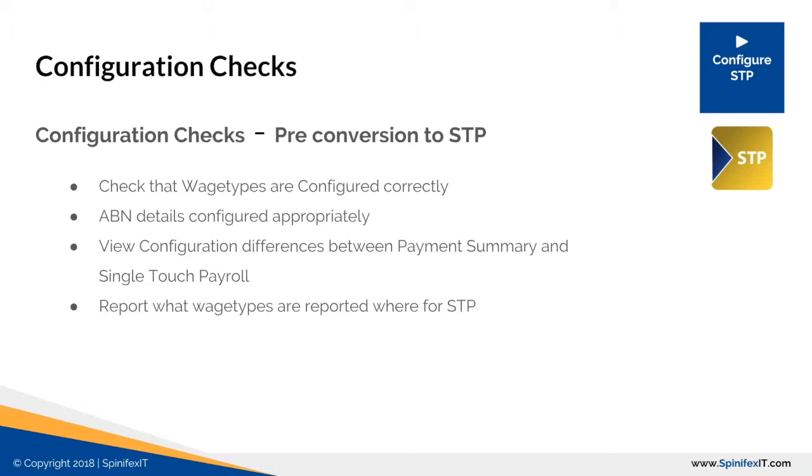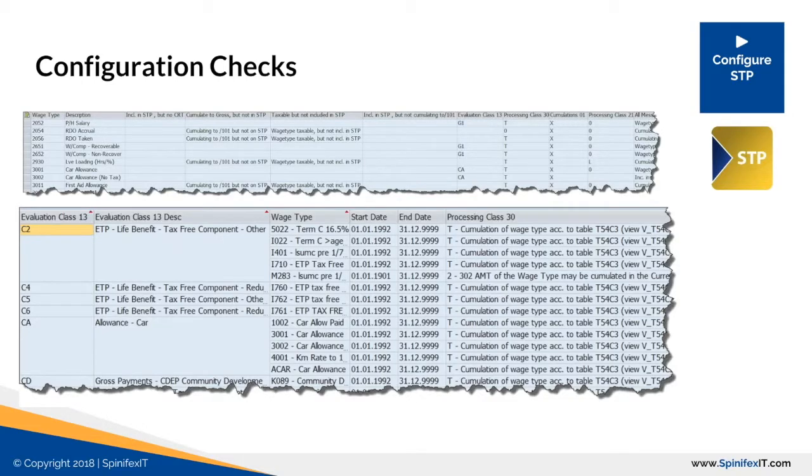Even doing some configuration checks between payment summaries and single touch payroll, just to highlight any potential differences. Even reports that list wage types that are reporting to STP, so you can get a better understanding of the new STP groupings. Here's a configuration snapshot of two reports that I just indicated. And I'll get into the system in a minute and show you.